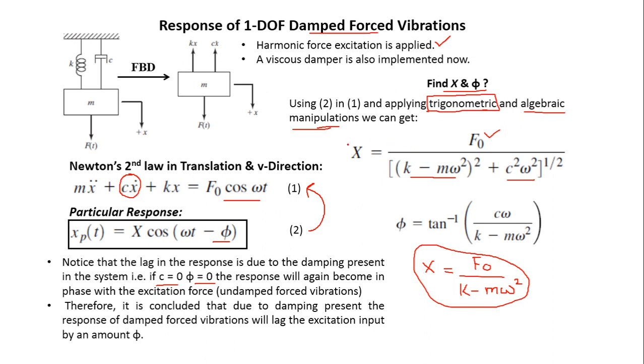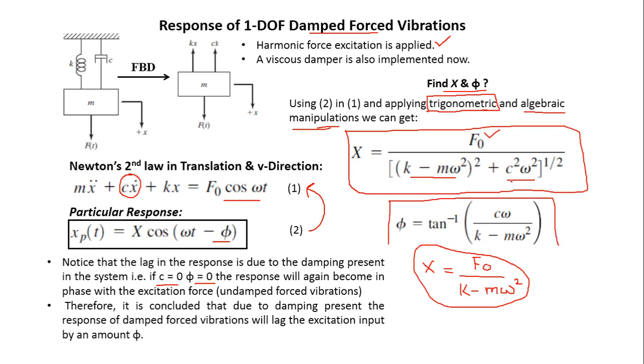So the value of X in case of 1 degree of freedom damped forced vibration is given by this expression, and the lag is tangent inverse of this divided by this.